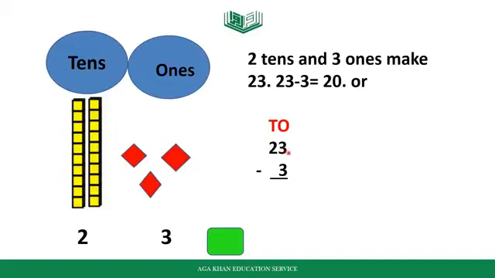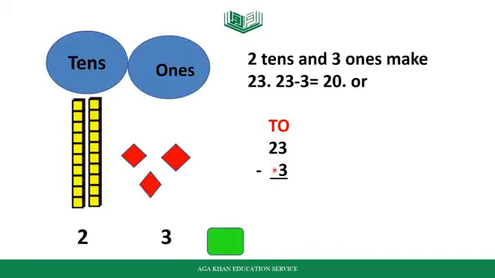After this, the next step is putting the sign. Because we are doing a subtraction sum, we will put the subtraction sign here, the minus sign. See, we don't put the minus sign below the tens.